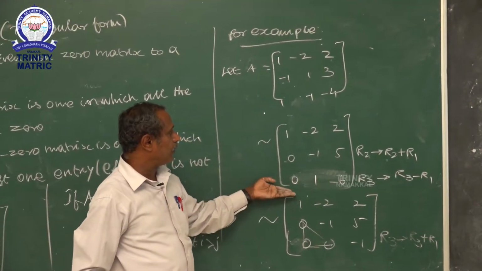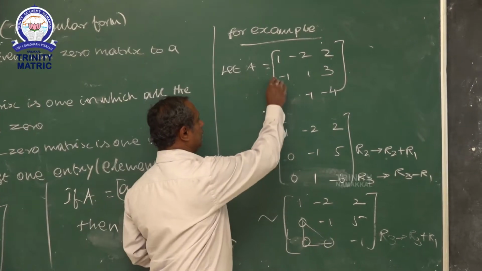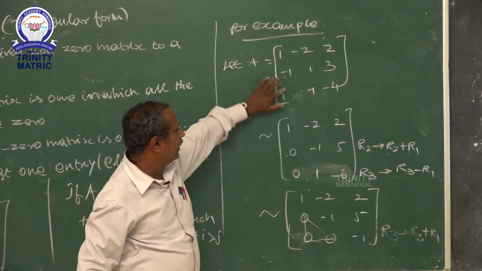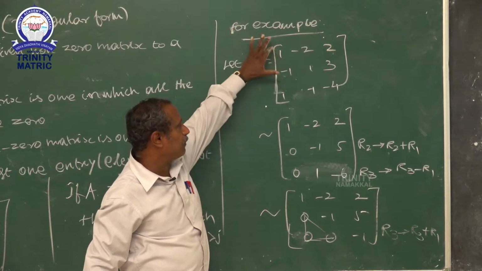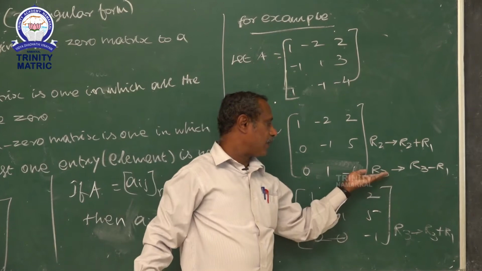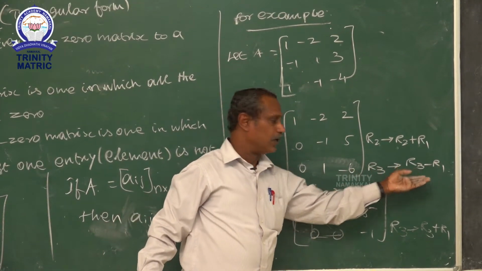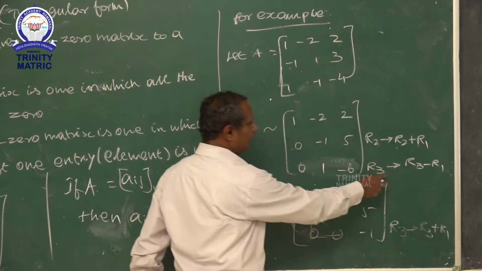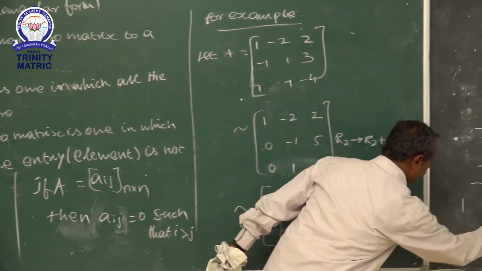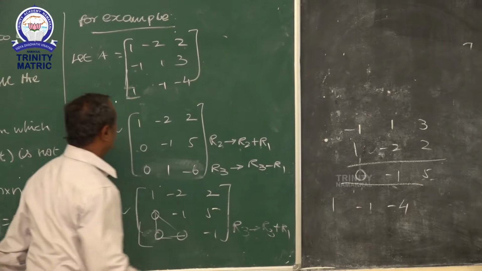Same way we continue for the third row. Here 1 is also there, and we want to make this value 0. So we subtract the first row from the third row, and it will become 0. That way the condition is R3 gives R3 minus R1. Write first what we have in the third row: 1, minus 1, minus 4.